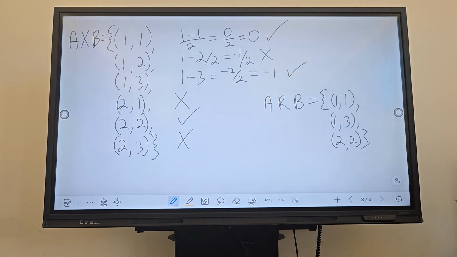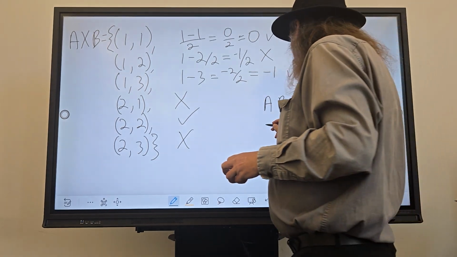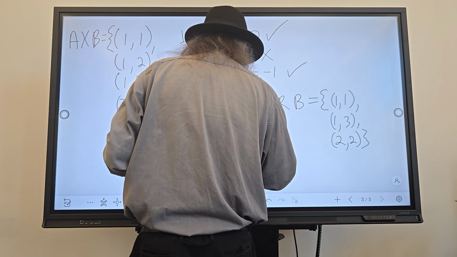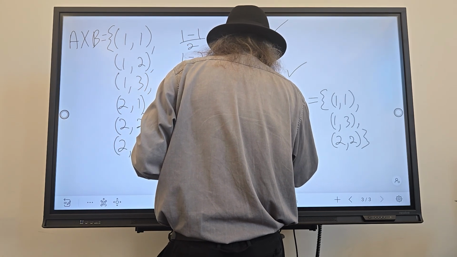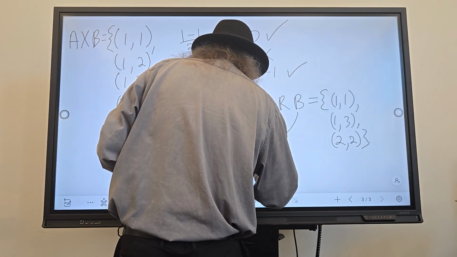Now, a little bit of terminology. For a relation, this is the domain, A, the first one, and B is the codomain.